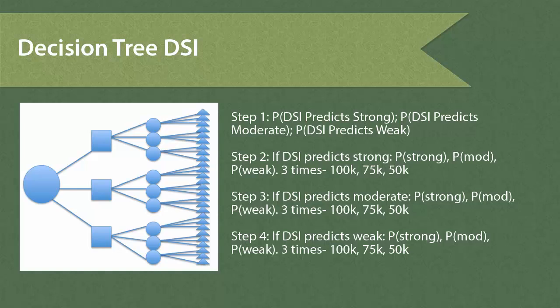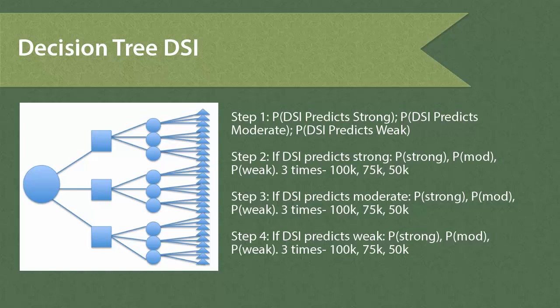In the middle, if DSI predicts moderate, for those 9 payoffs at the far right, we need those conditional probabilities, 3 times 3, or 9 payoffs, conditional upon DSI predicting moderate.